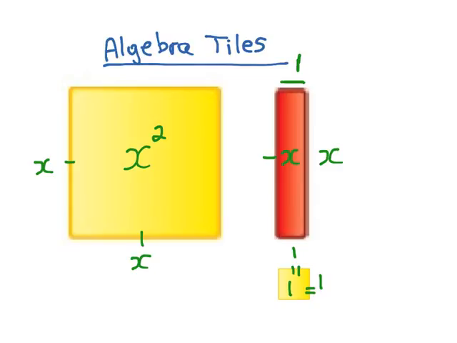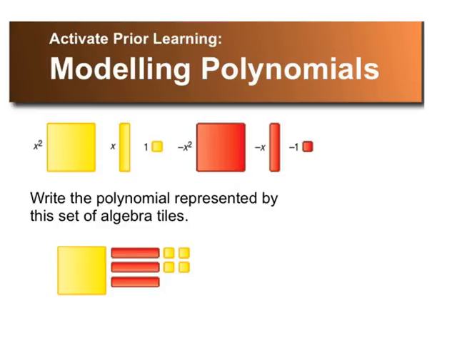So let's use this idea of algebra tiles to do a question. We're going to write a representation for this polynomial using these algebra tiles. Notice that this big square is represented by x squared, and there are 3 rectangles.